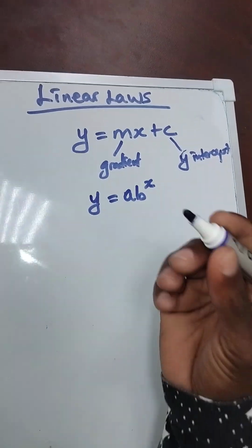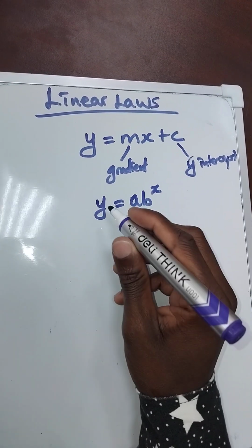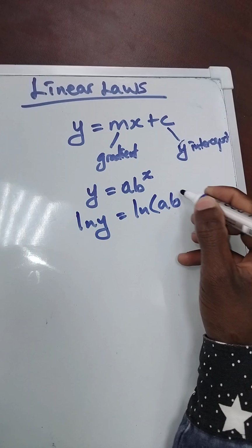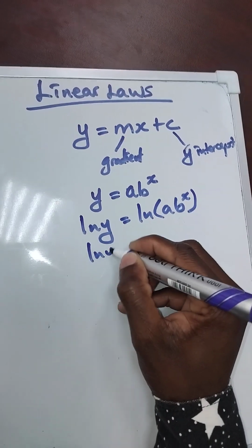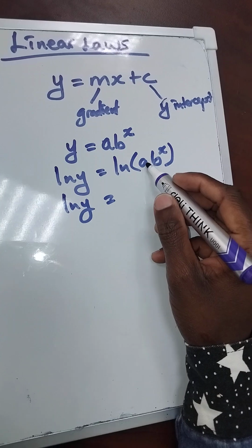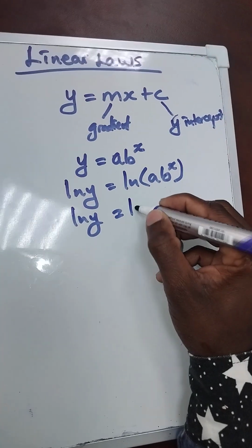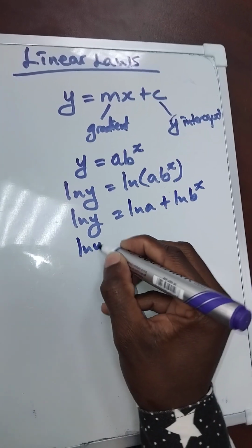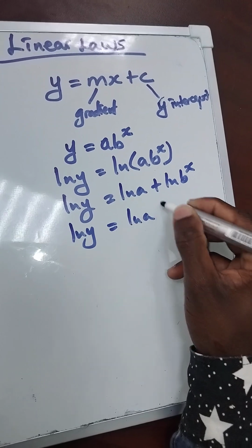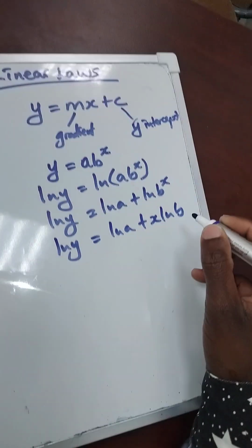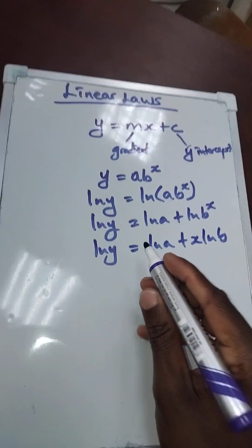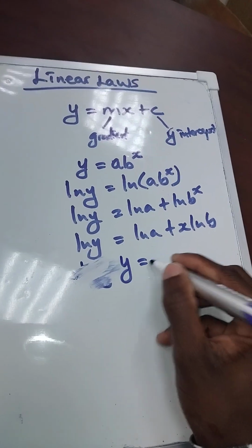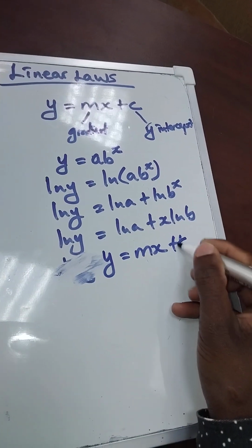Now we apply the laws of logarithms, so we introduce ln on both sides. ln y is equal to ln of a b to the power x, so ln y is equal to ln a plus ln b to the power x. Then ln y is equal to ln a plus x ln b. Then we rearrange to get y is equal to mx plus c.